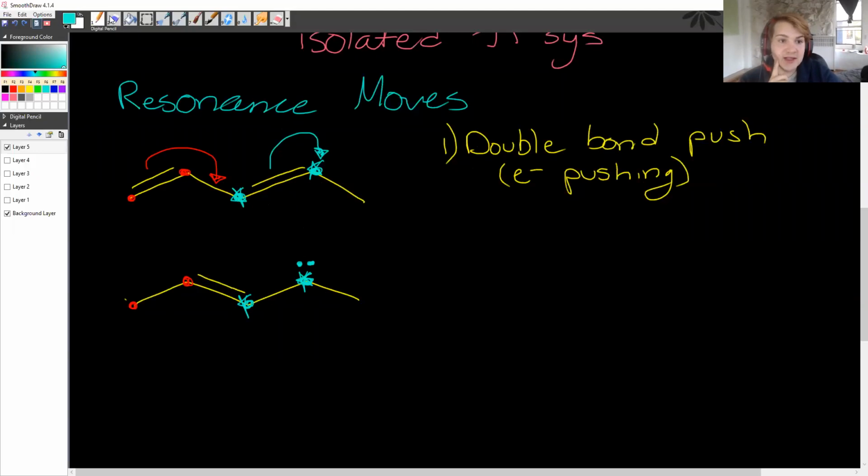We're not done yet because we have to look at charges. This carbon here, Debbie, has lost electrons.